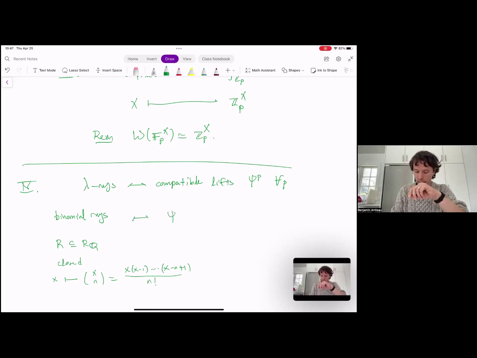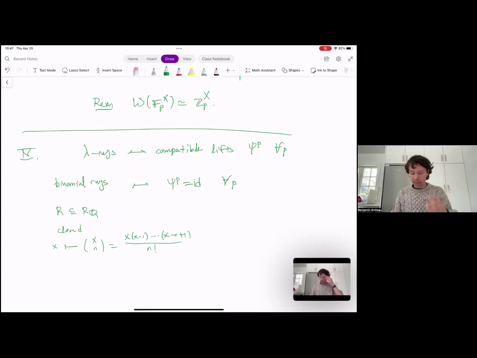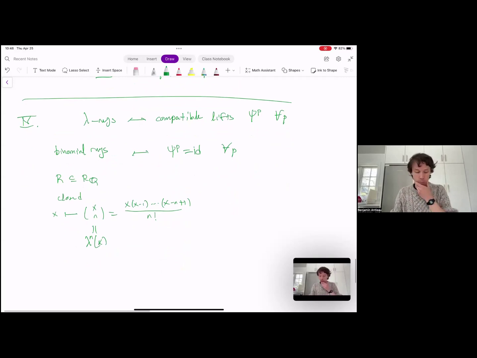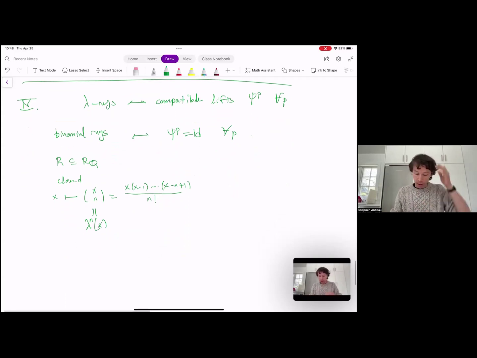Binomial rings correspond to psi^p equals the identity for all p. In that case, this is lambda^n of x, and this is the Adams operation. If you reverse engineer, starting from the fact that you want the Adams operations to be the identity, you get that this has to be the case by some generating series argument. And so I build some category of derived commutative lambda rings where psi is equal to 1 for all integers.